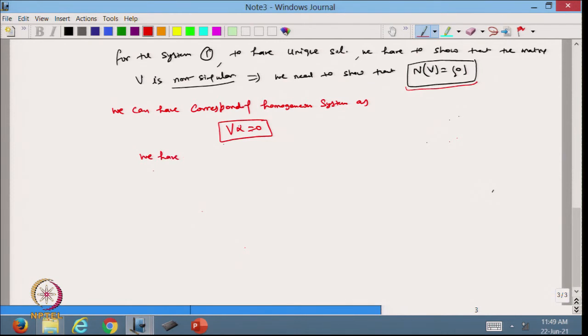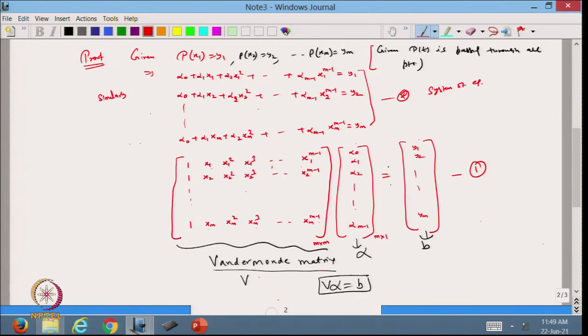So V alpha is equal to 0, and alpha is made up of alpha 0, alpha 1, alpha 2 like this one.